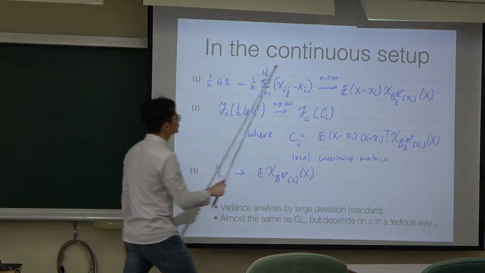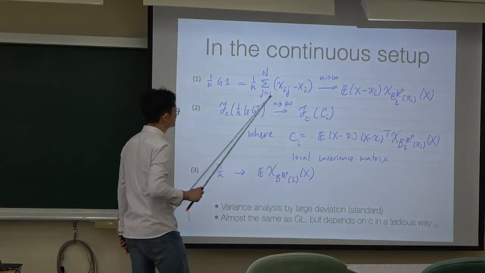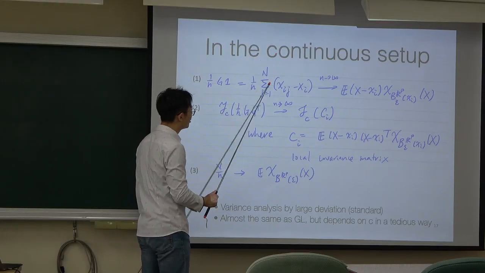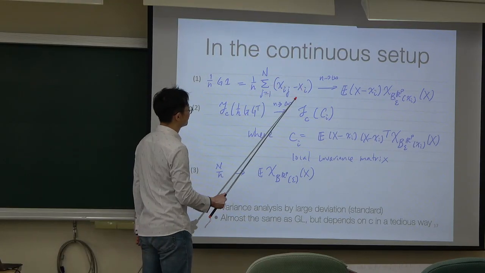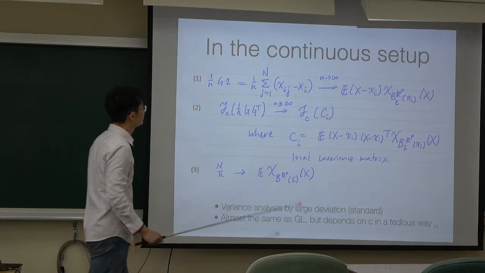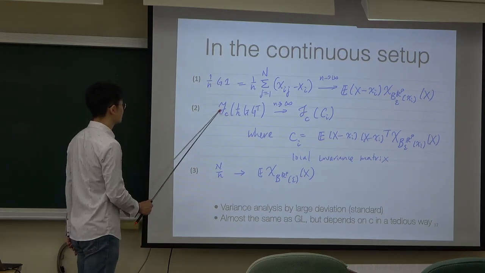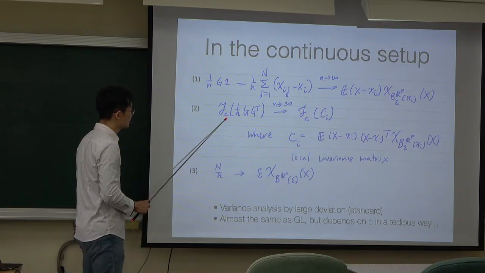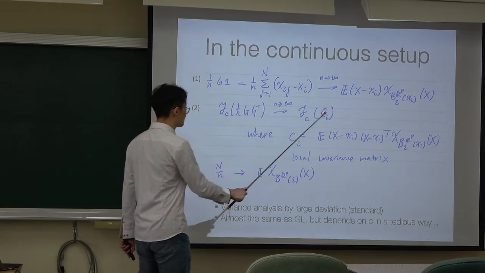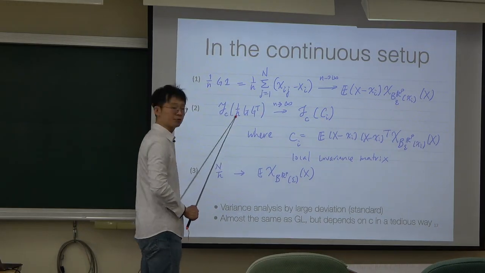We need to do some analysis to see how fast this quantity converges to the expectation. We also have this regularized pseudo inverse. How does it converge to C inverse? Remember this guy, 1 over n G G transpose.